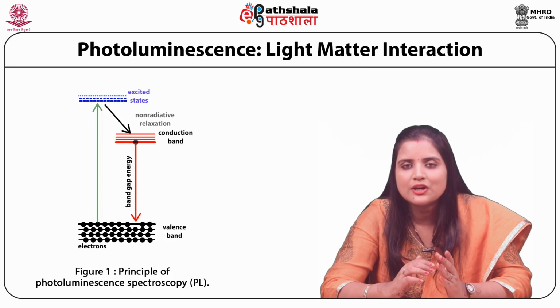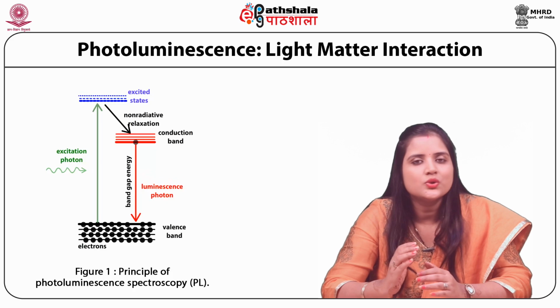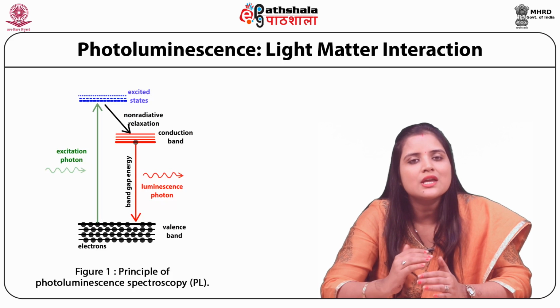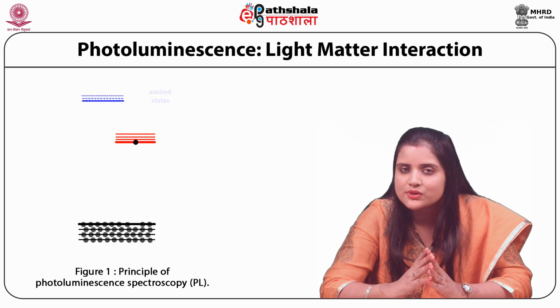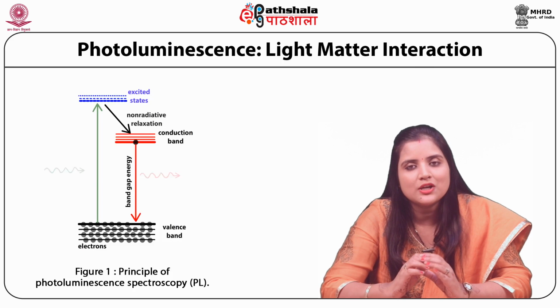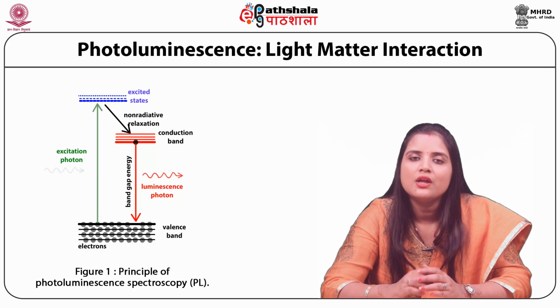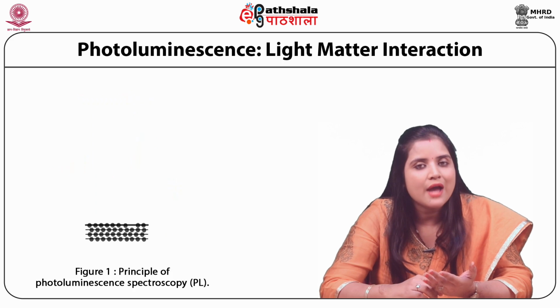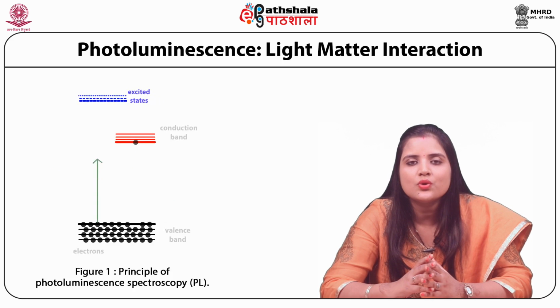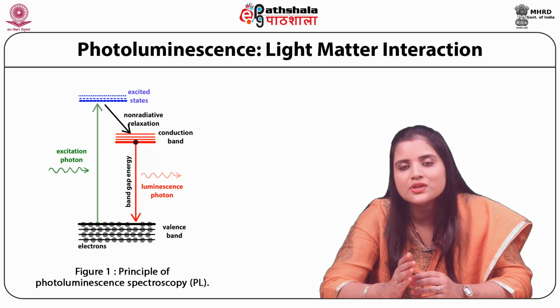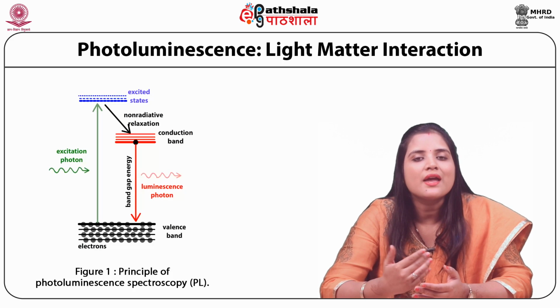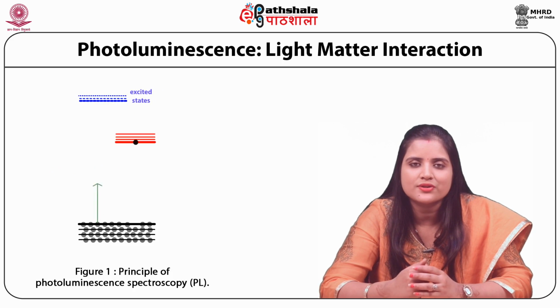These excited electrons return to the stable, that is equilibrium or ground state, by dissipating the extra energy in the form of either light, which is known as a radiative process, or by any non-radiative process.